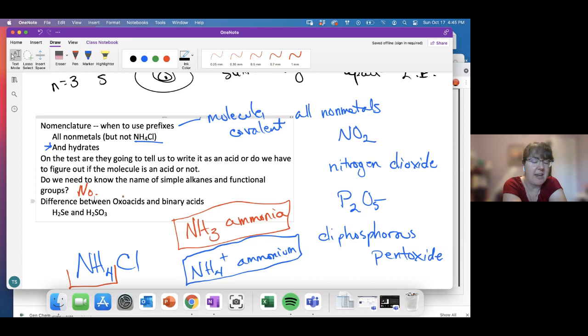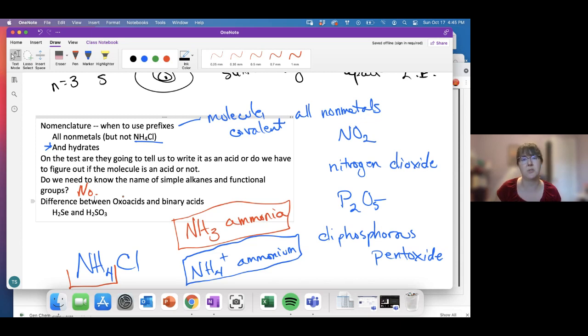I usually chat about them in my class and tell them that I just like them to know that there is more nomenclature out in the world. So if you go to the grocery store or you go to Walmart and you buy isopropyl alcohol or isopropanol, you guys realize that that actually is the right name for that particular compound, but that's something that's covered in organic chemistry.